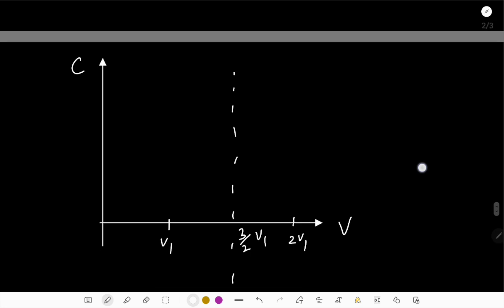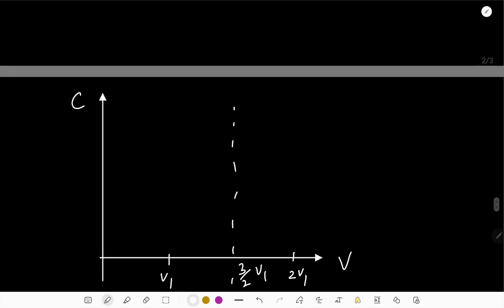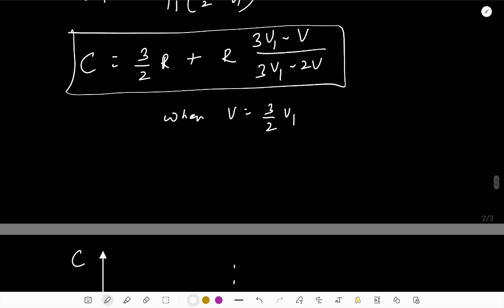You can see here, if we put V equals V1, you will get the value simply equal to 4R. C equals 4R. C becomes 4R.